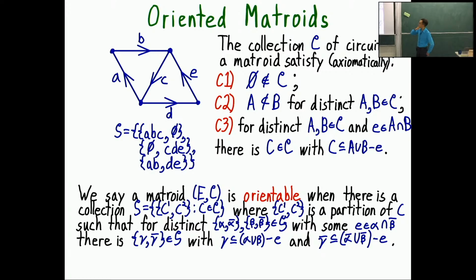So considering the cycle A, B, C and the cycle C, D, E, if I'm eliminating C to get the third, I'm eliminating C from both sides of the bipartition. And this is the additional property I need for a matroid to be an orientable matroid.